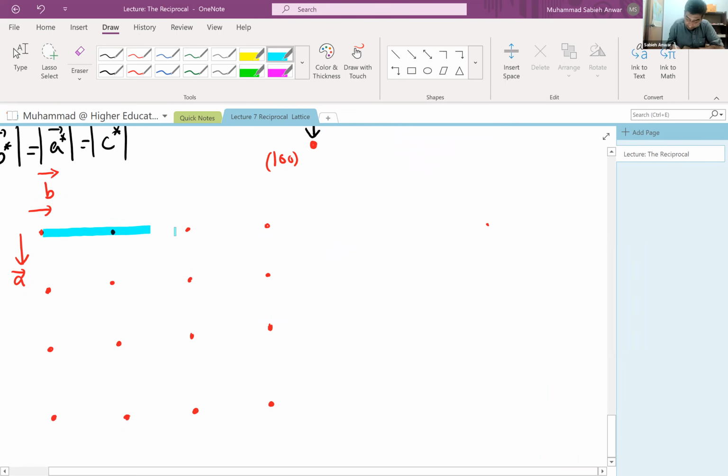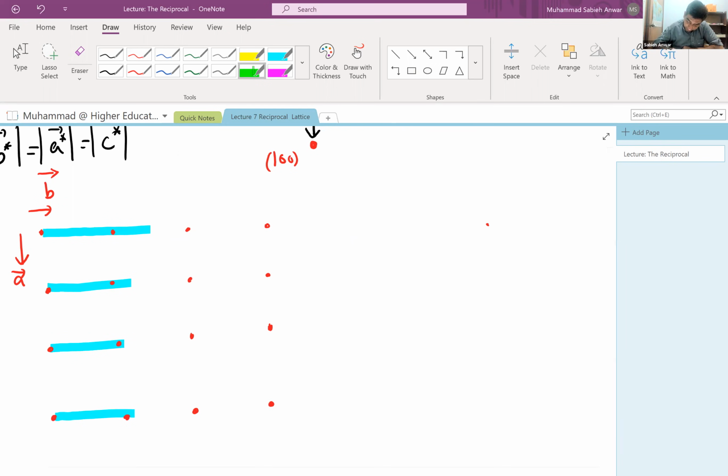For example, here is one plane, and here is another set of planes.